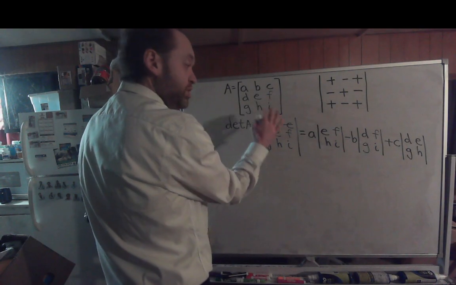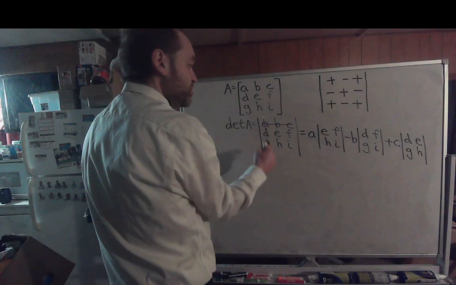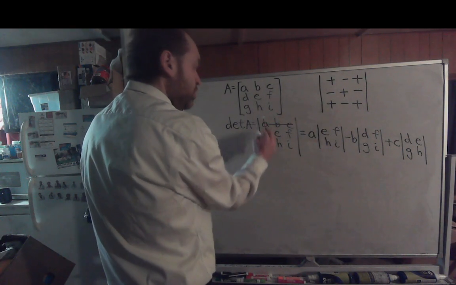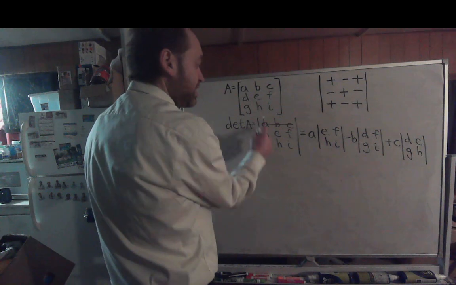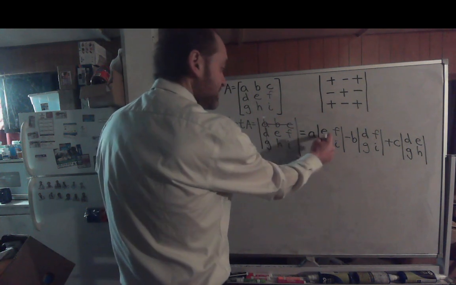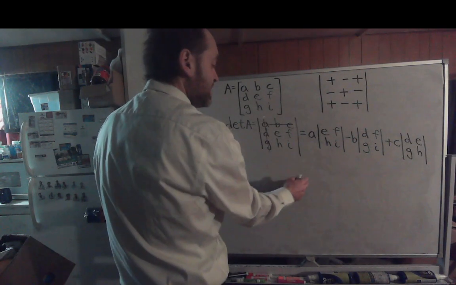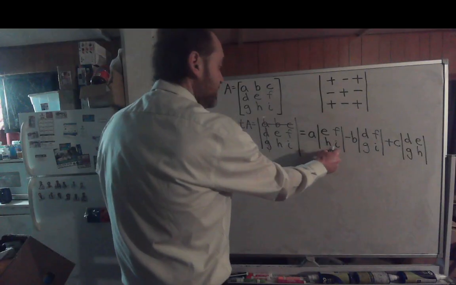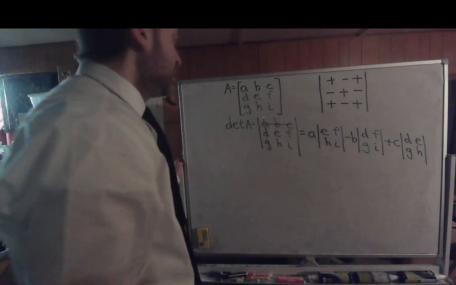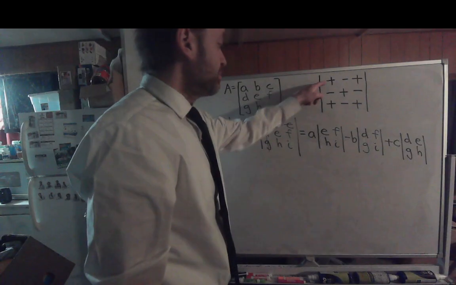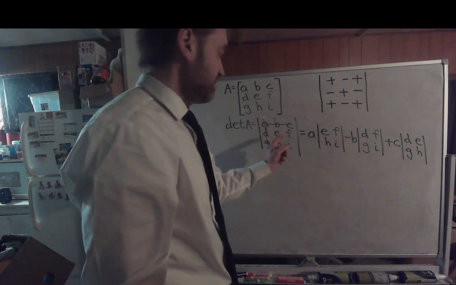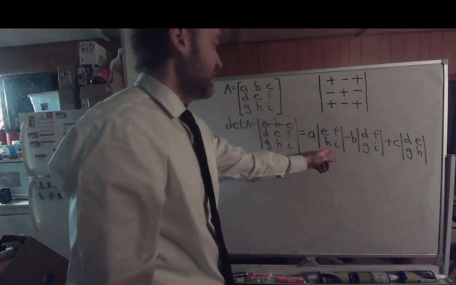So when you use a particular coefficient, you strike out the row and the column you're using. It's that coefficient you're using times the determinant of whatever's left. So in this case it would be A times the determinant of E, F, H, I. So you still are doing plus A times the determinant of E, F, H, I.